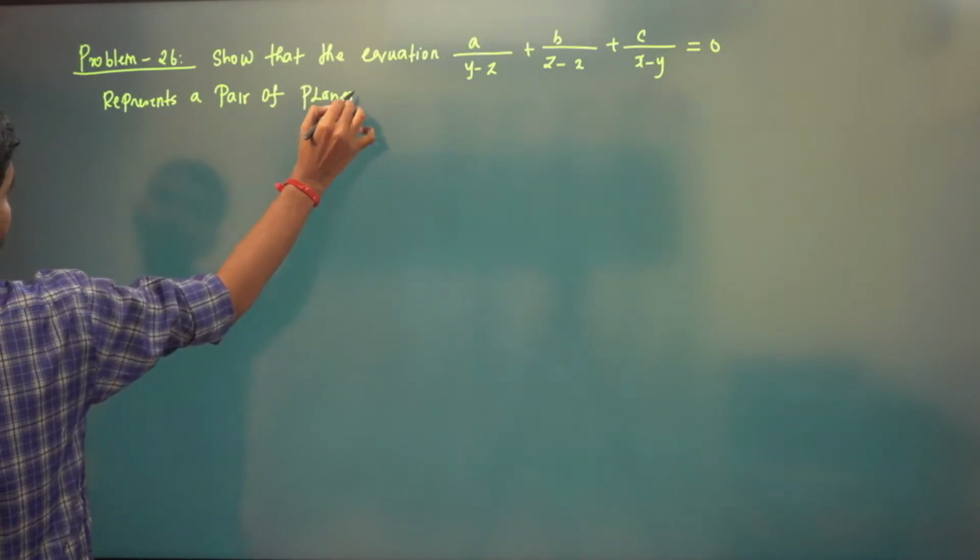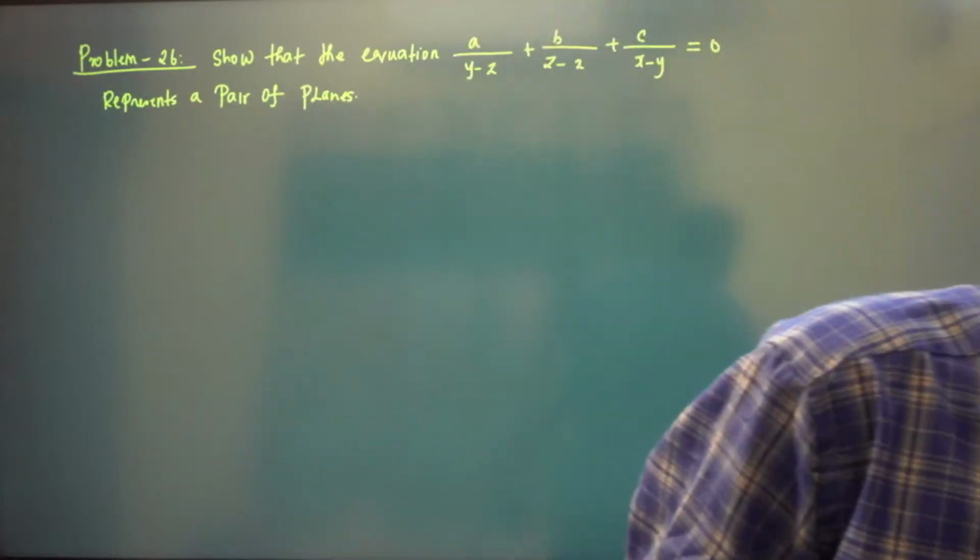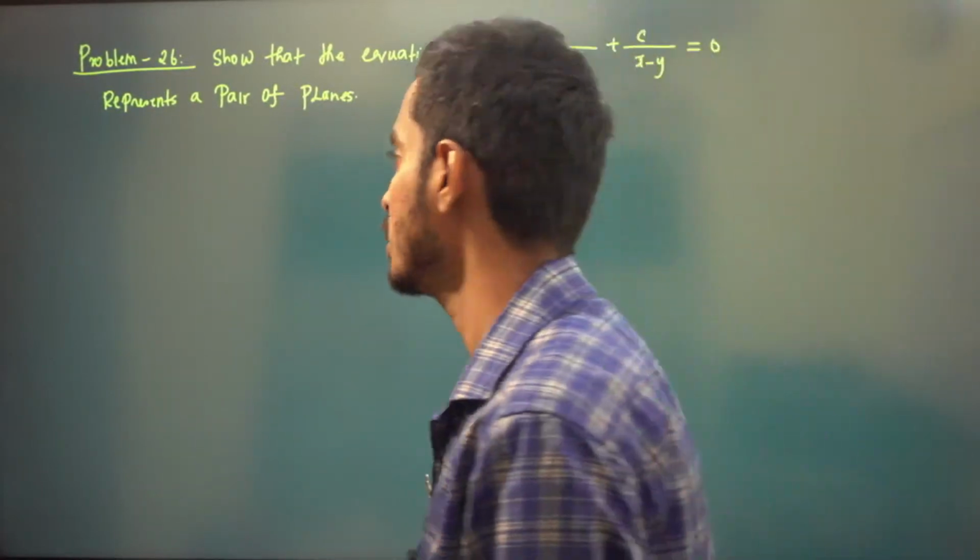See, if you just take LCM, you will have a second degree equation, right? Don't think it is not second degree. If you take LCM, you will have a second degree homogeneous equation.